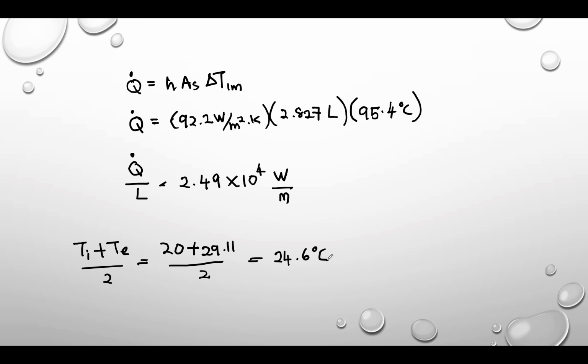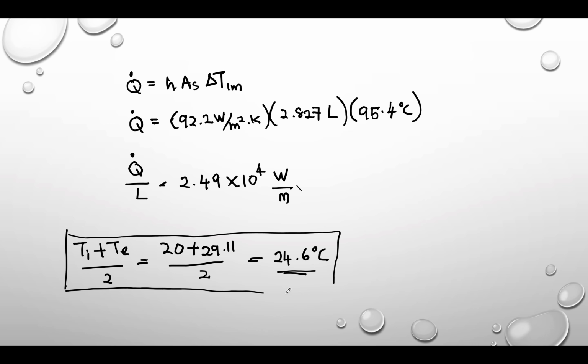So it is far from your assumption for the arithmetic mean. Therefore, you have to iterate and assume again until you get this value equal to your assumption value. This is normally for degree level and above. At diploma level, you will be given the values and the properties.